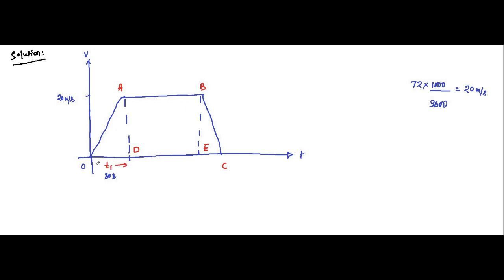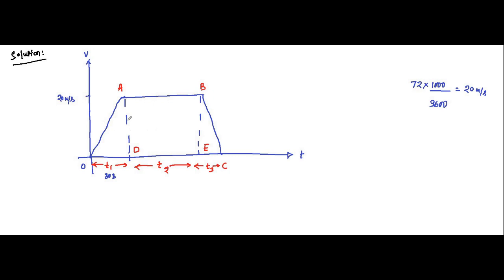T1 equals 30 seconds. Then DE, the constant velocity phase, let that be T2. And this is T3, the retardation phase.